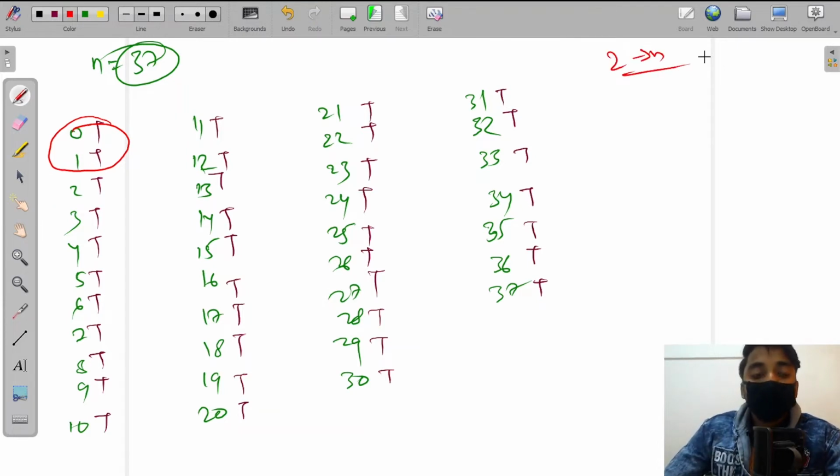So initially 2 is a prime number. Here at 2 it is true.